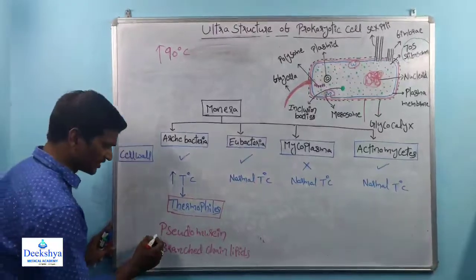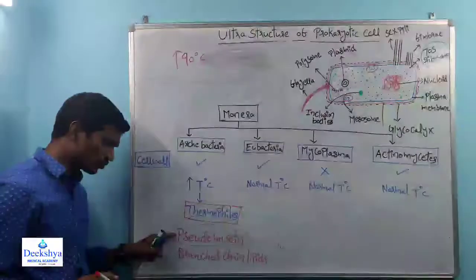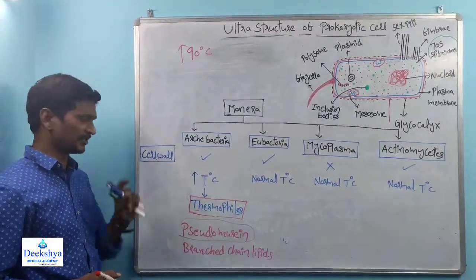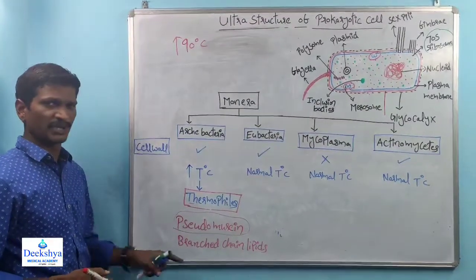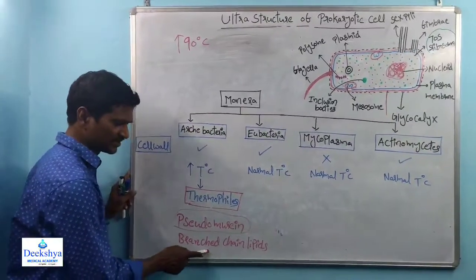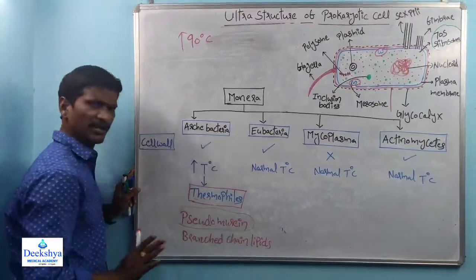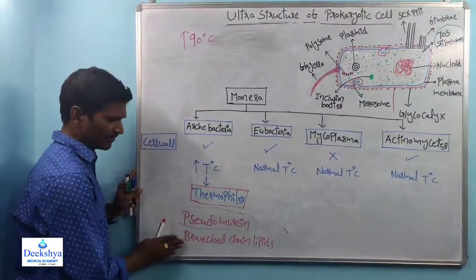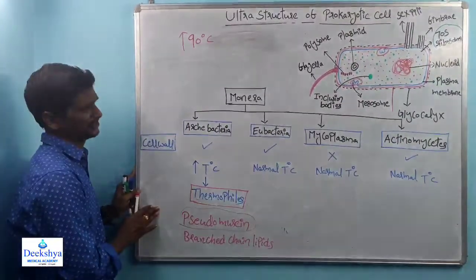Because of pseudomurein, the bacteria grow at high temperature. Along with pseudomurein, very long branched chain lipids are also present, which are seen in the plasma membrane. Because of pseudomurein and the branched chain lipids, the thermophiles grow at high temperature.